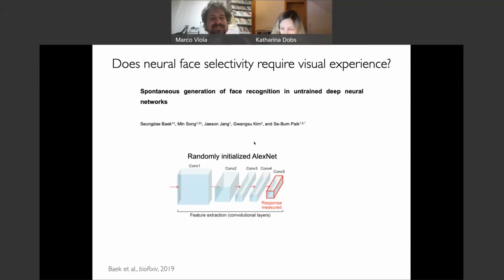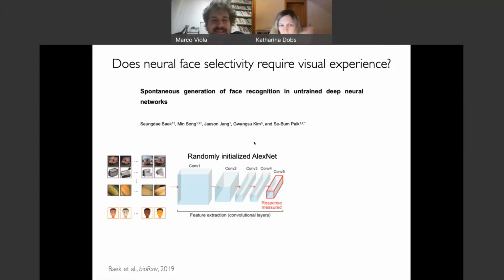It hadn't seen anything. It wasn't trained on anything. They took the last convolutional layer of this network, showed it images of different categories, including faces, and just measured whether there were units in this last convolutional layer that would selectively respond to faces compared to anything else. And indeed, they found them.